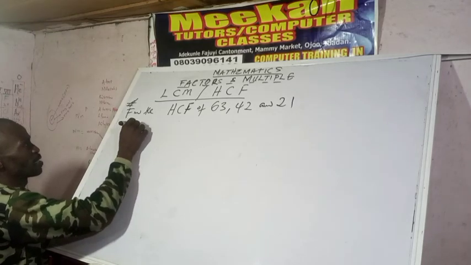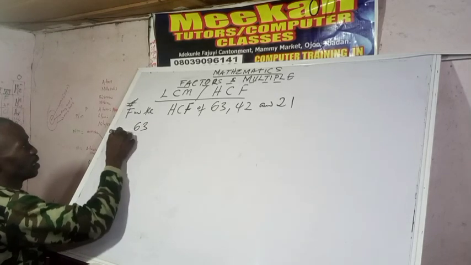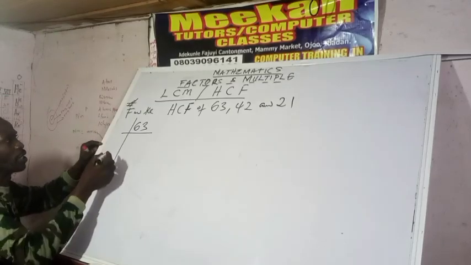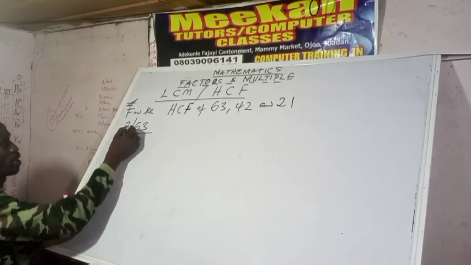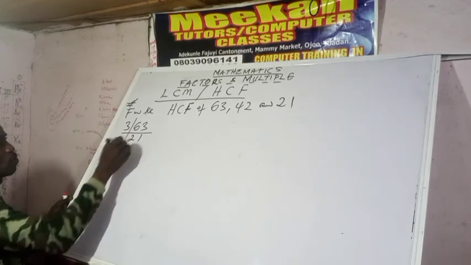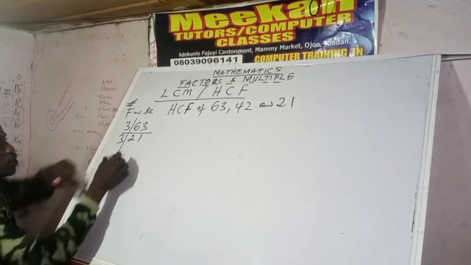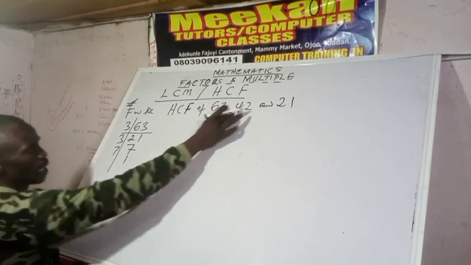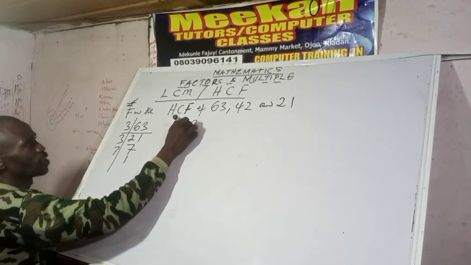Now, we have 63. I'll take the first, 63. What are those things that can go here? 3 can go here. 3 in 6 you have 2. 3 here 1. 3 can still go. 3 here you have 7. 7 you have 1. I keep it. I go to the second one, which is 42.